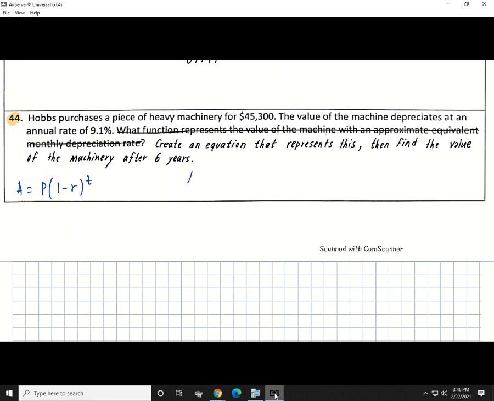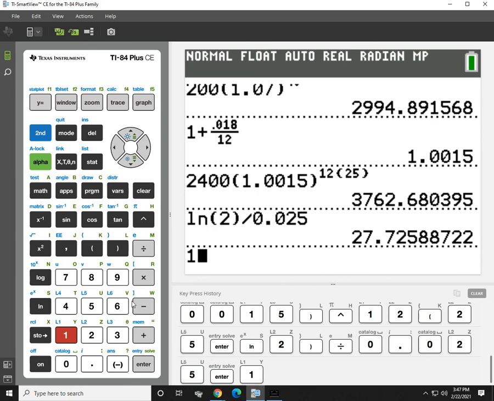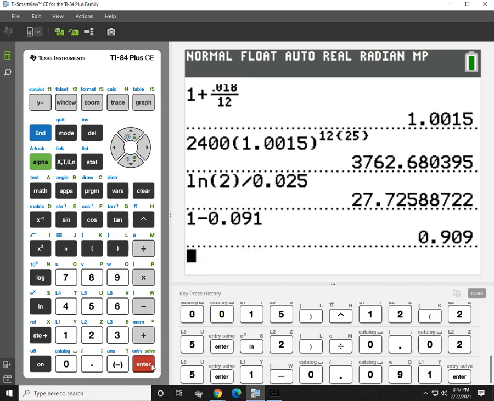So here's my equation. A will equal P, that's 45,300, times 1 minus my rate. Well, that's 9.1%. So that's 0.091 raised to t. So if we simplify that, here's the equation. 45,300. And if you go to your calculator, 1 minus 0.091 is 0.909.